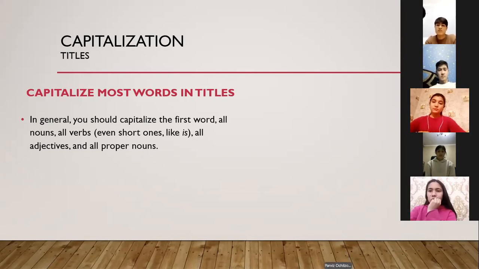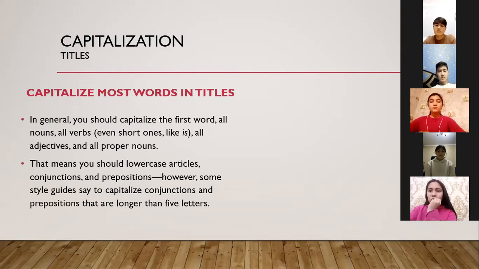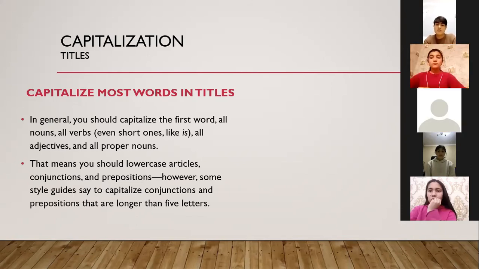So what's left? You should have lowercase for articles. Articles are the, a, and prepositions. To, from, by, for, with. Those are the most common ones probably. And conjunctions. So and, but, or should be lowercase.